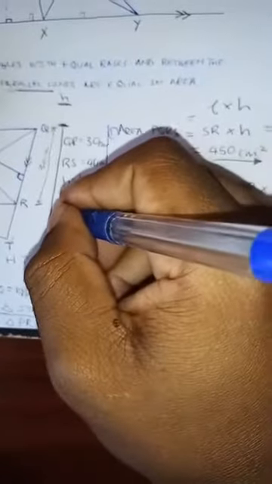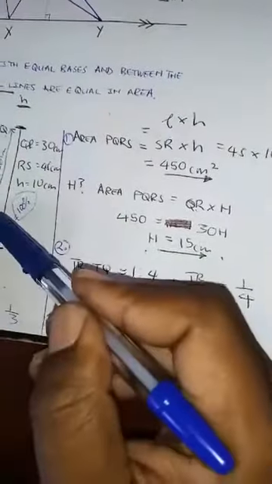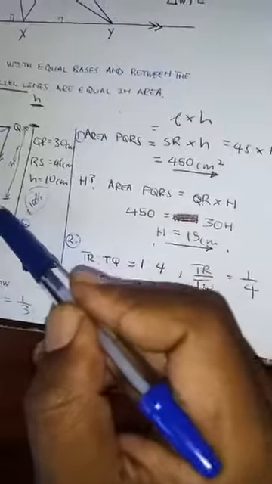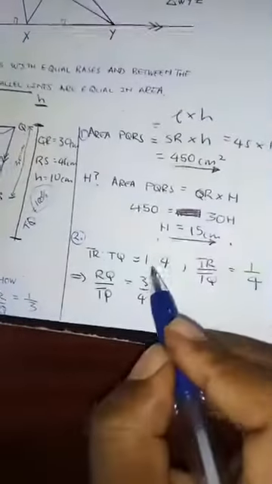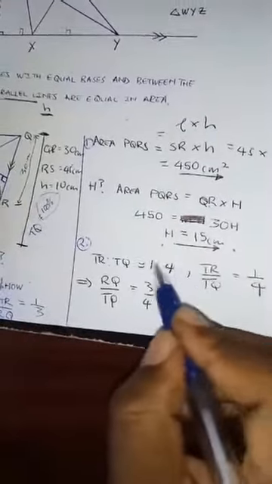This whole side TQ should amount to like 100% proportion. What do I mean by that? You have TR, which is 1 part of TQ. So you have TR over TQ being 1 over 4.